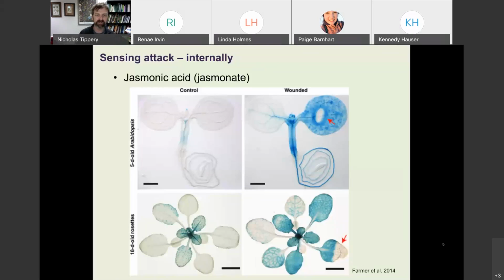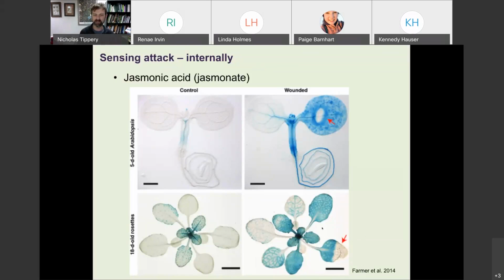So I probably should have had that other one about being chewed on related to this topic. This is one of the signals, another hormone we didn't talk about in detail before. Jasmonic acid is often used as a signal for defense. What's shown here is the increase in the jasmonic acid response after being damaged.